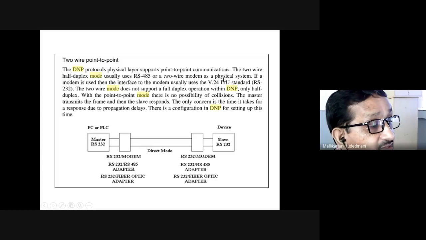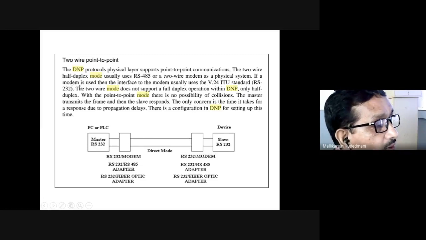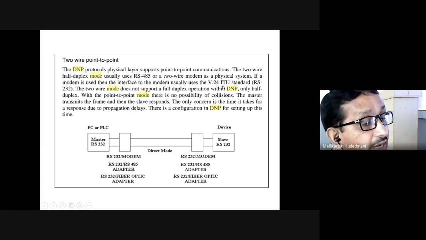Then it works in the physical layer. If a modem is used, the interface to a modem usually uses the V.24 ITU standard. It means when there is RS232 communication, a physical copper wire will run. If it is a modem, it can be wireless. So this is how a modem is interfaced with the V.24 ITU standard.